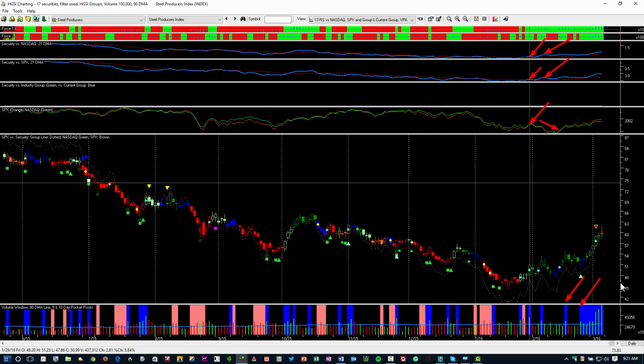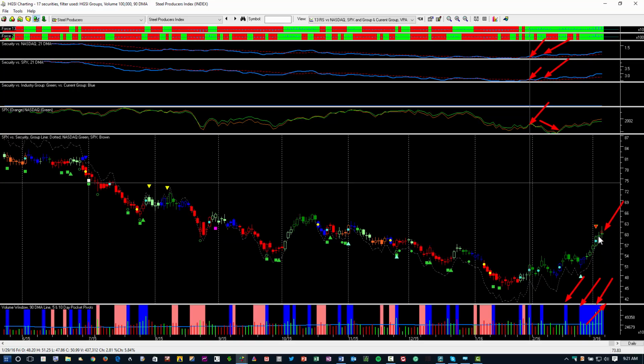Now notice all of these pocket pivots. This volume crescendo, going up here as new money is starting to flow into this group, and then yesterday it looks like this selling may, or it looks like it's being passed from strong hands to weak hands.